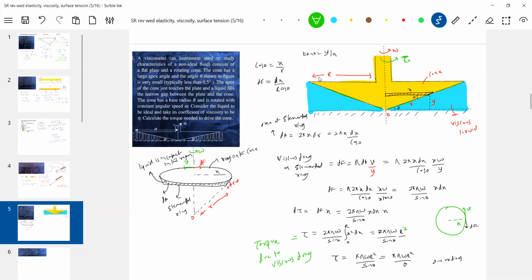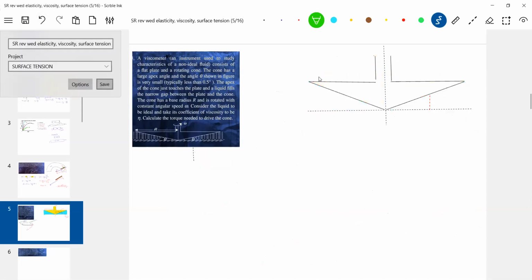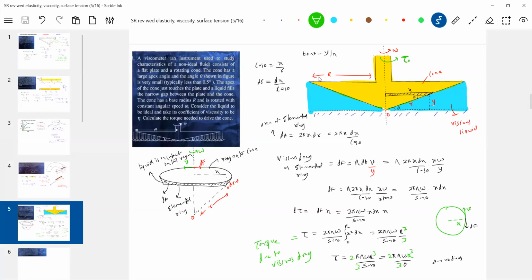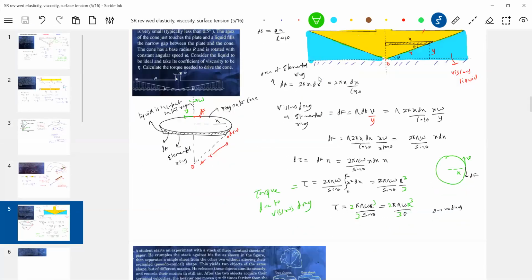Yeah, R cube by 3. So 2 pi. Okay, I made a correction. Can be asked. I think you check the notes. So there are some sets of questions like this also. So there is a possibility of asking advanced questions, no?